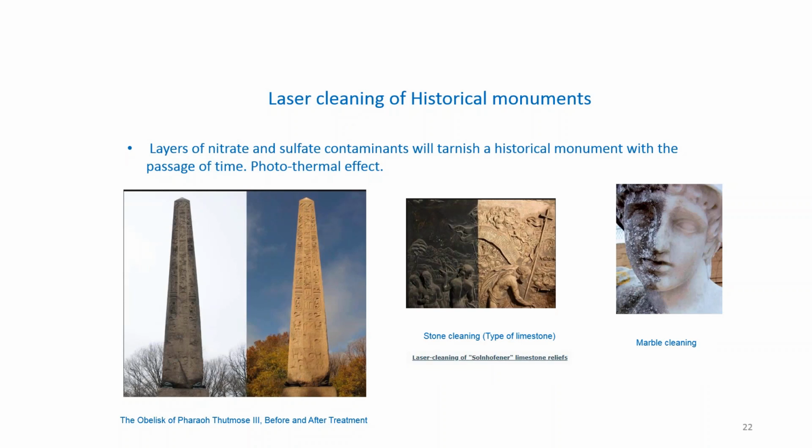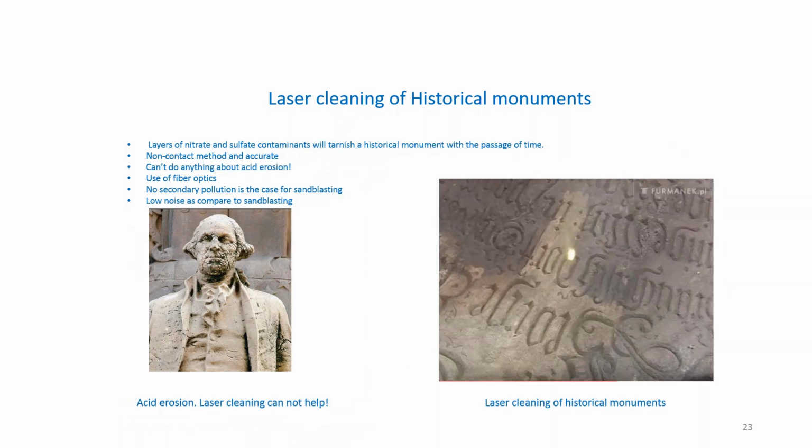I have to mention here that in this case the photothermal effects are not that critical, because you're not dealing with a body of aluminum underneath. So even if there's a bit of photothermal effect, you can still use a neodymium YAG or a fiber laser to clean the historical structure. Now, what are the advantages of this? It is a non-contact method. It cleans layers of nitrate and sulfur.